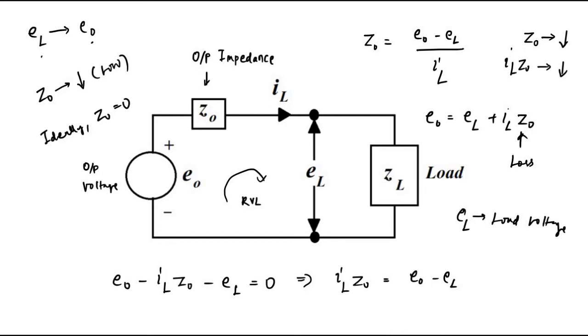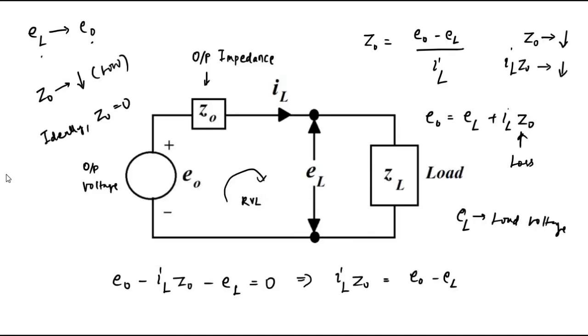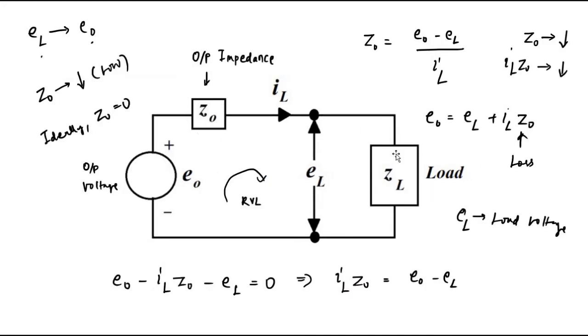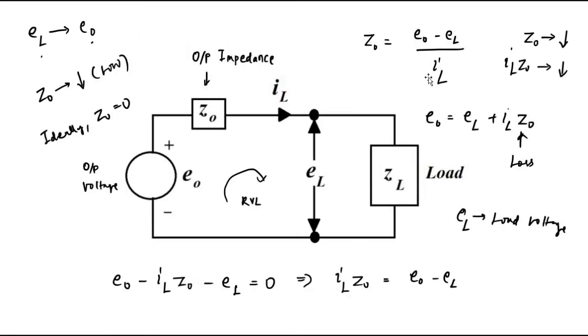Another way to look at it is the power loss in this device. The power loss in the device is equal to (E0 minus EL) into IL. Now we know E0 minus EL is equal to IL Z0.